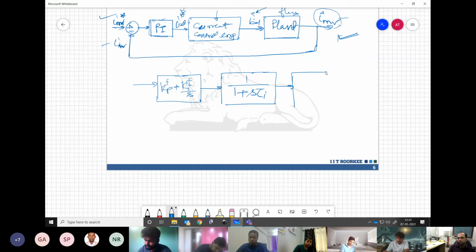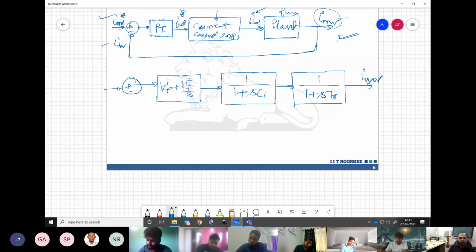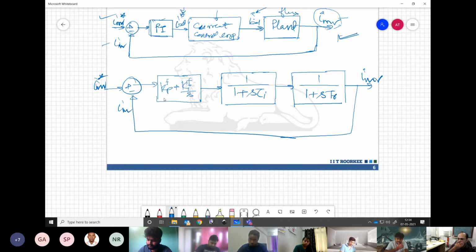And then we have the plant. What plant we have? We have seen it last time that it can be represented like this, tau or TR, and that is generating our IMR. This is fine.